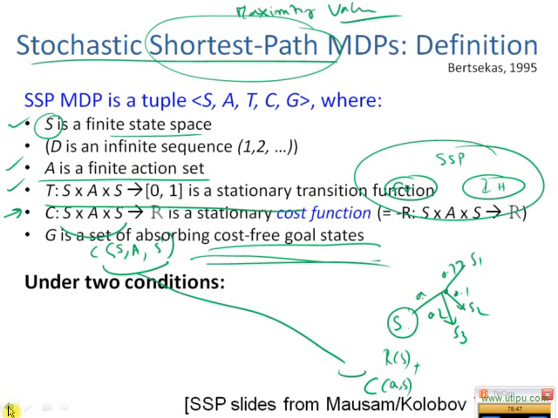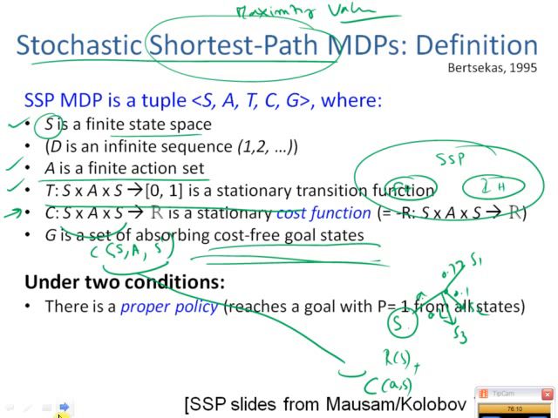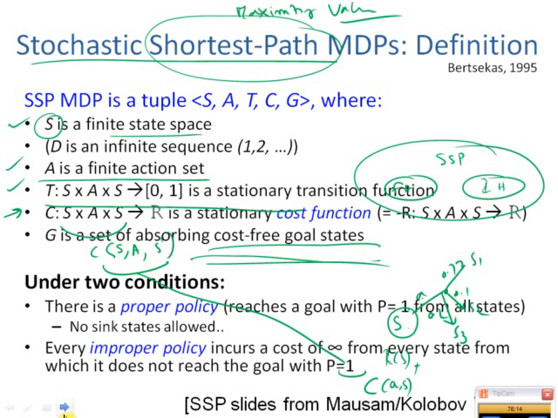I just said such theorems exist, and you believed me, and then we moved on. And the question is, will optimal policies exist for stochastic shortest path MDPs as defined this way? It turns out that there are theorems proving that under two conditions, they do.